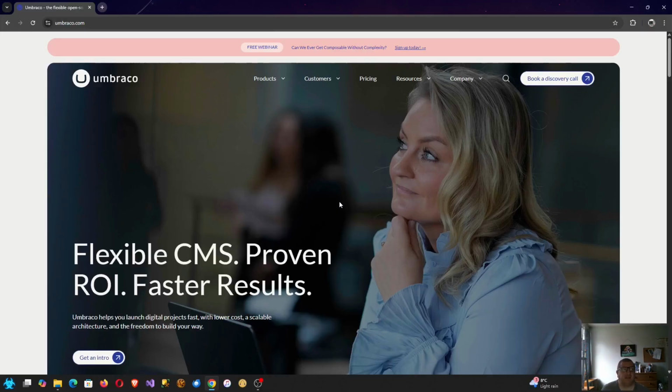We recently had an issue whereby we were taking one of our customer sites from Umbraco 14 up to 16, and we did the upgrade in Visual Studio on my work machine. I went from 14 to 15, 15 to 16.